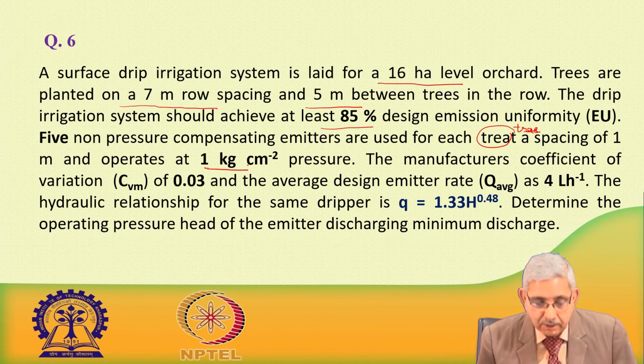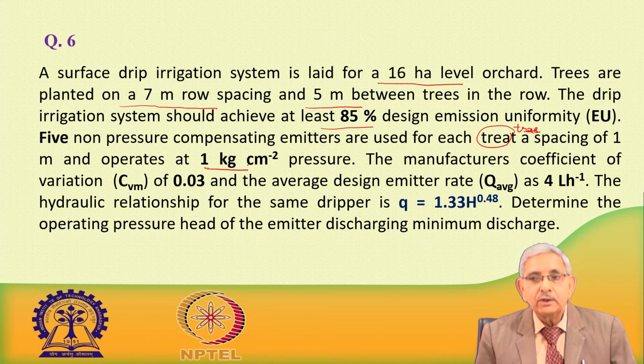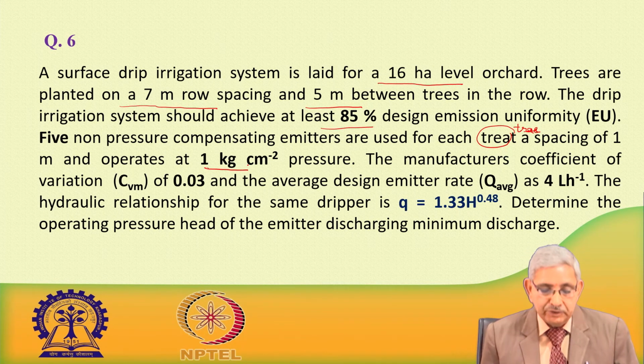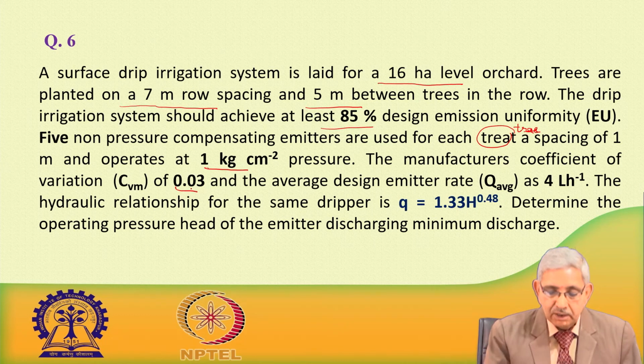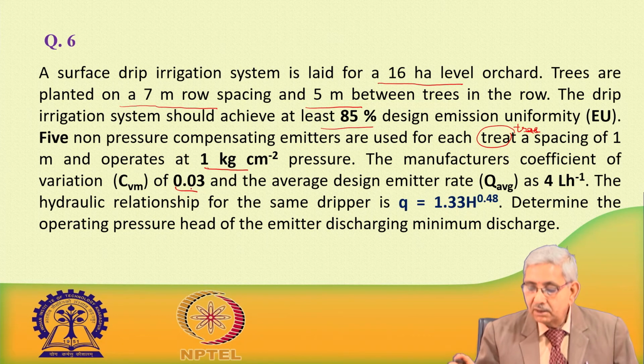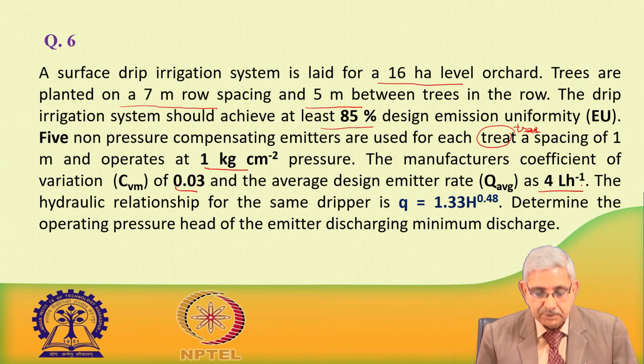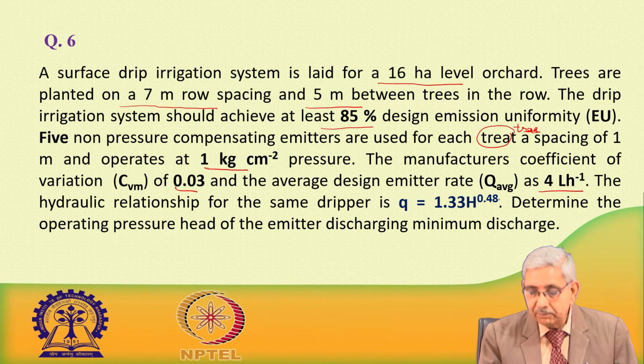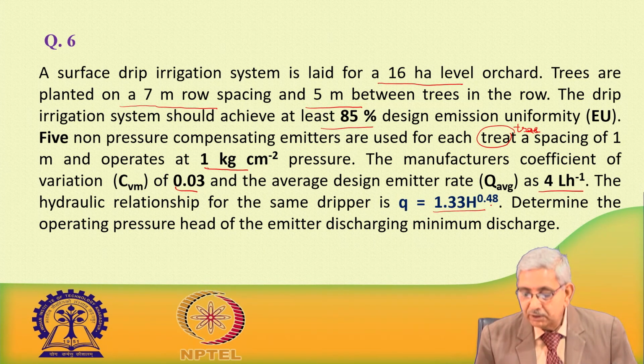Manufacturer's coefficient of variation is 0.03. Average design discharge is 4 liter per hour. The hydraulic relationship for the dripper, the discharge-pressure relationship, is q equal to 1.33 H to the power 0.48. This is the relationship which is given.